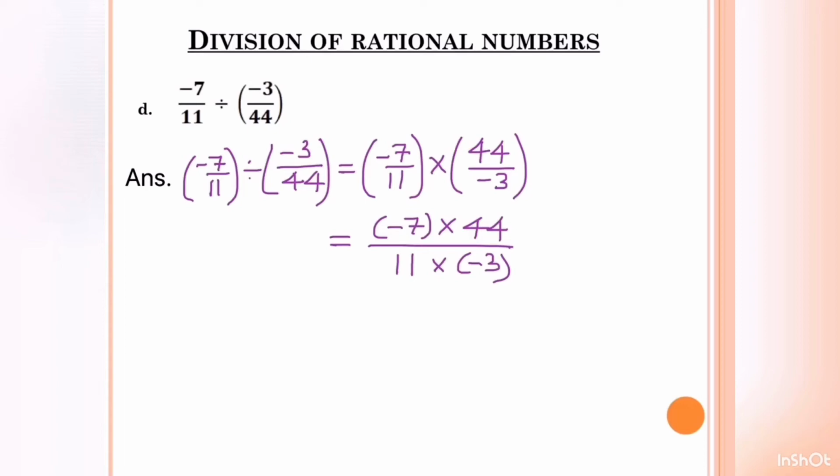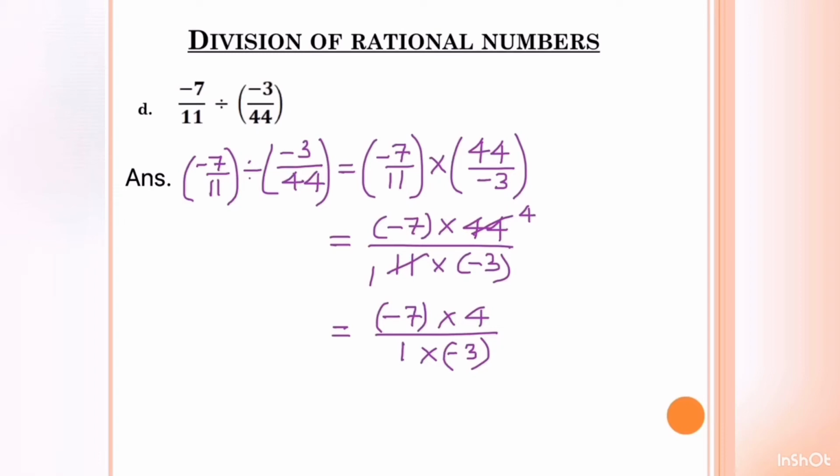Now let's cancel all the common factors. 44 and 11 have 11 as common factor. So let's cancel it. 11 times 4 is 44. 11 times 1 is 11. Now this expression is equal to, in the numerator we have minus 7 times 4, and in the denominator we have 1 times minus 3.